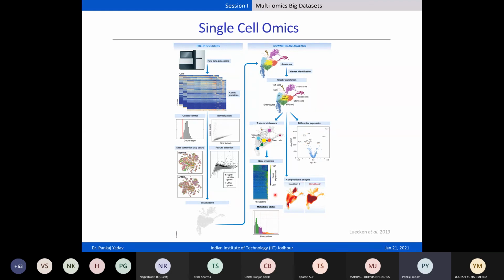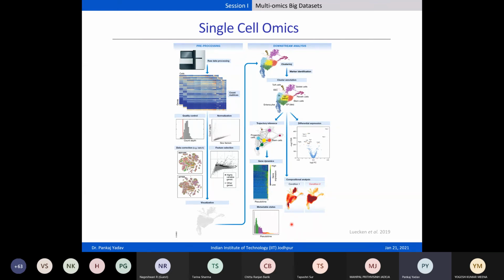You can study gene dynamics in a given cell, and you can also look at metastable states, where you see which states of the cellular system are stable, that are most frequently found in our biological system. So these are many interesting things that can be done with single cell multi-omics data.